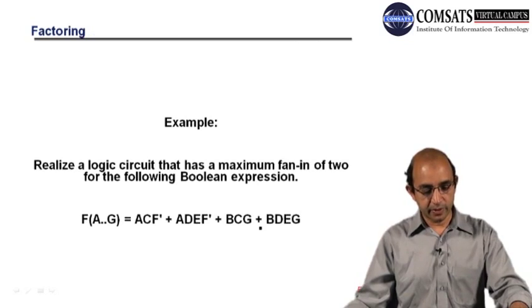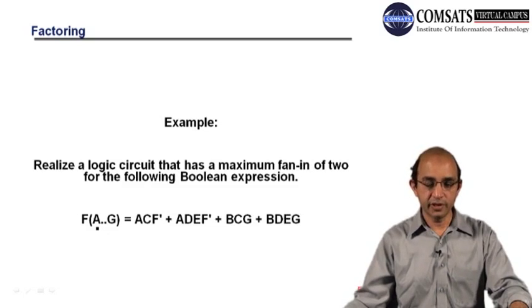So this is another example. This is also your homework. You have to construct a logic circuit that has a maximum fan-in of 2 for the following Boolean expression. So we have A up to G. This is the output, F as a function of the inputs.